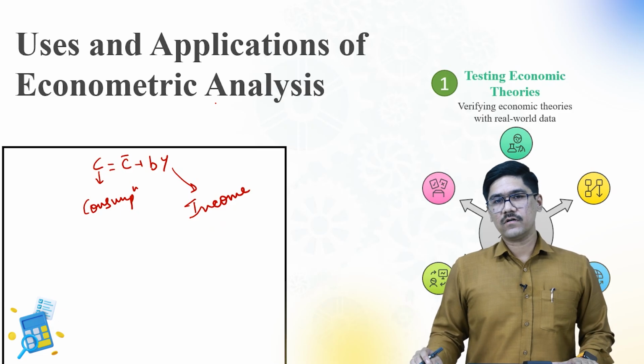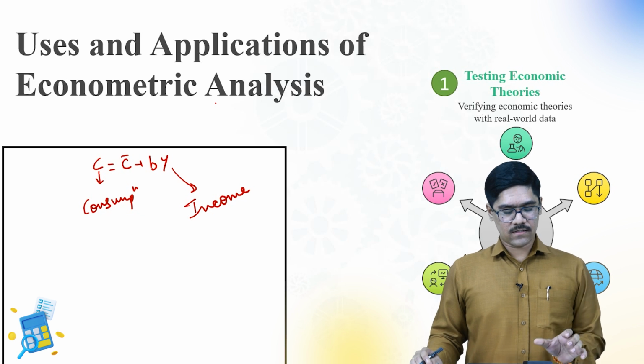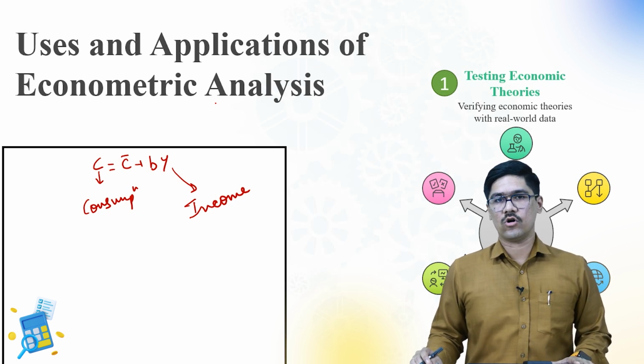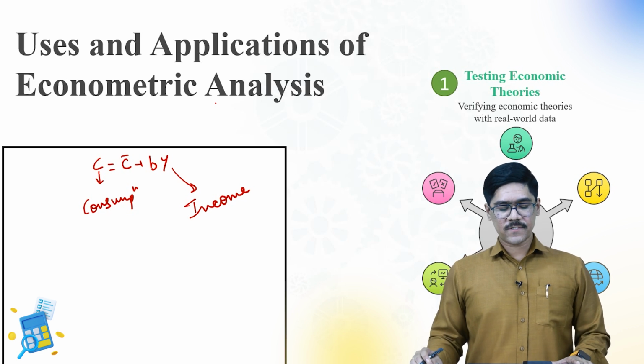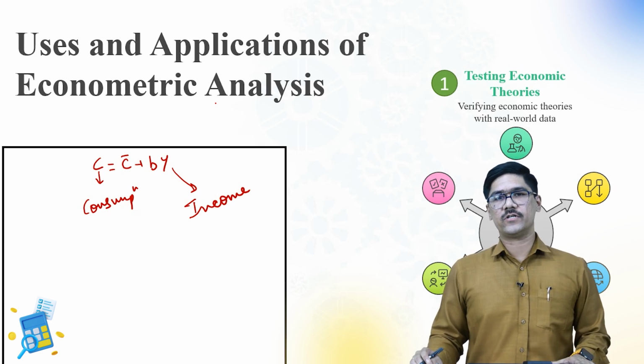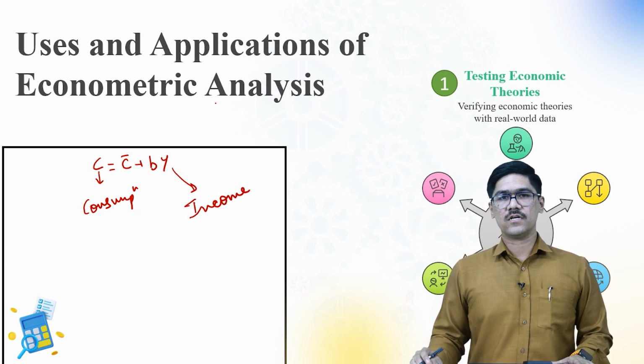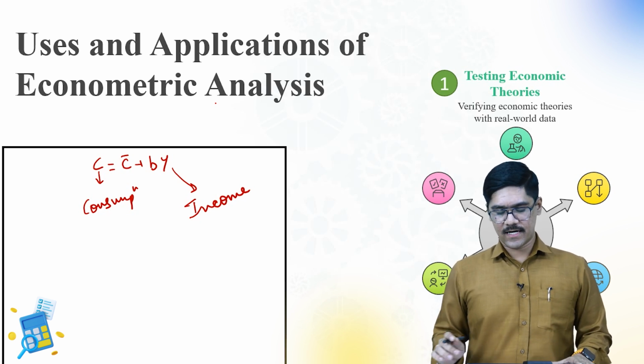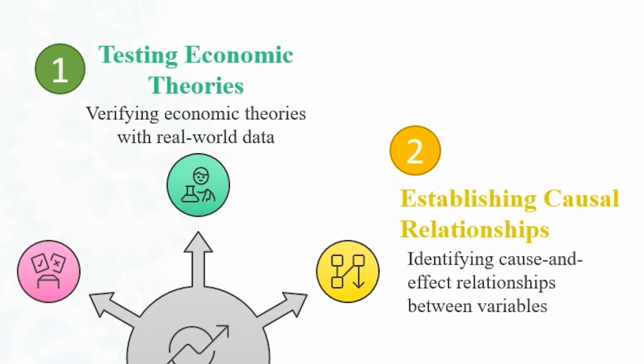Using econometric analysis, we can check whether this model is applicable in real world scenarios or not. So, econometrics helps us to check various economic models such as the consumption function, or you can also take the saving function for your understanding.